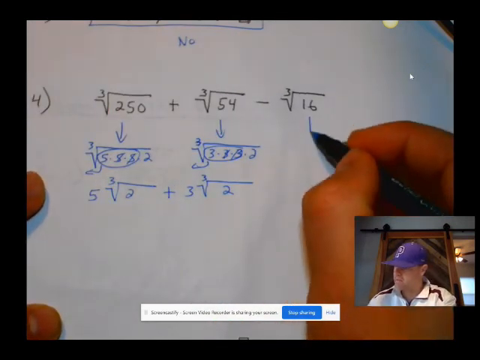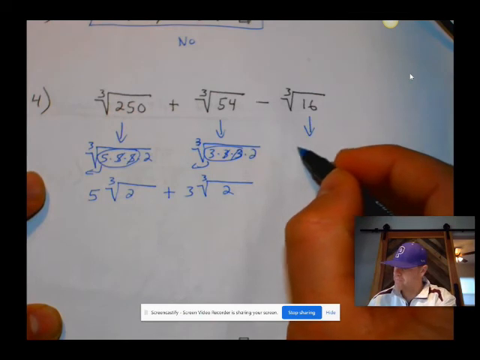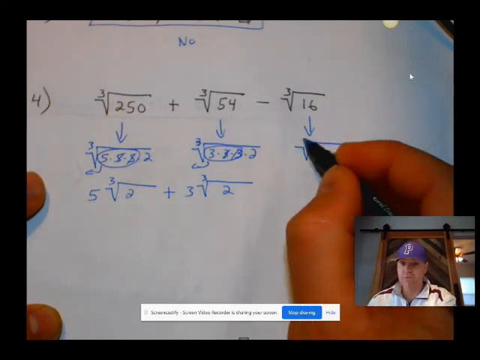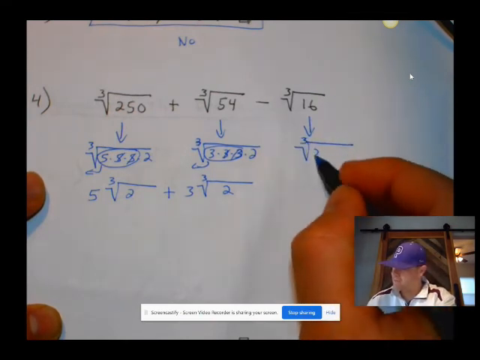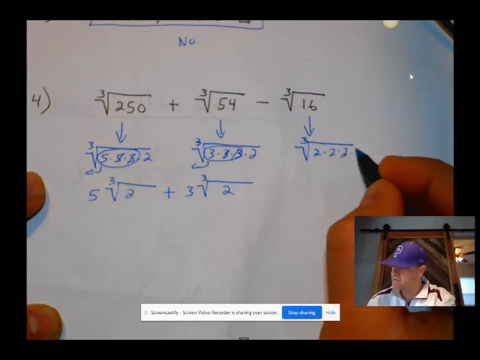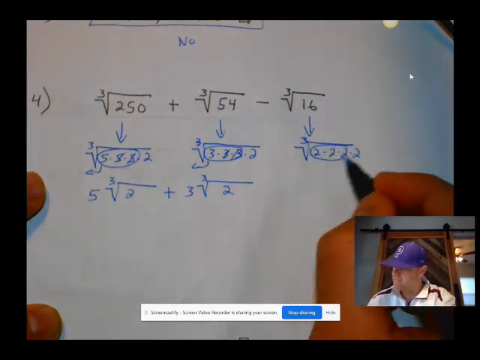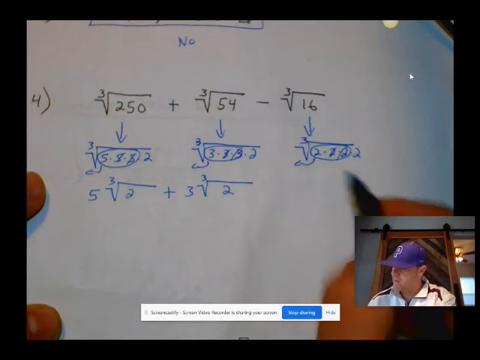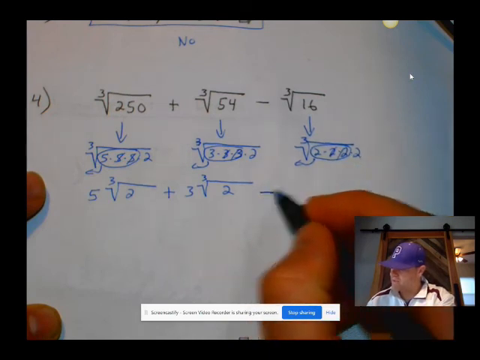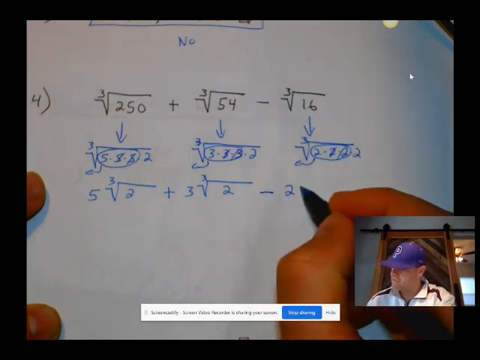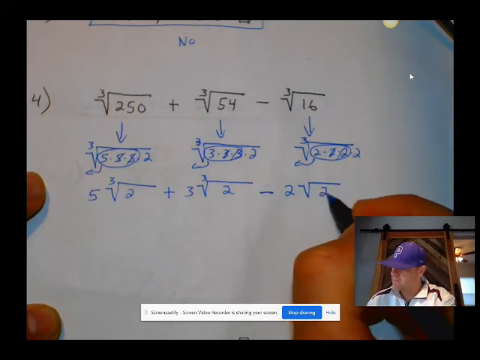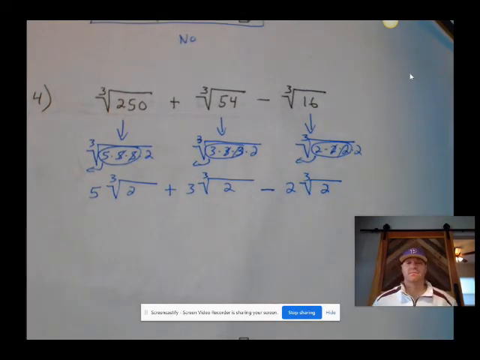And this one right here is going to be the cube root of 2 times 2 times 2 times 2. And therefore, there's my group of 3. 1 gets out. And this is a minus, don't forget that. And it's going to be 2 cube root 2.